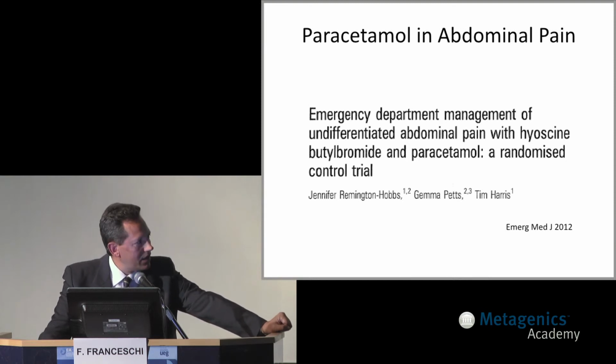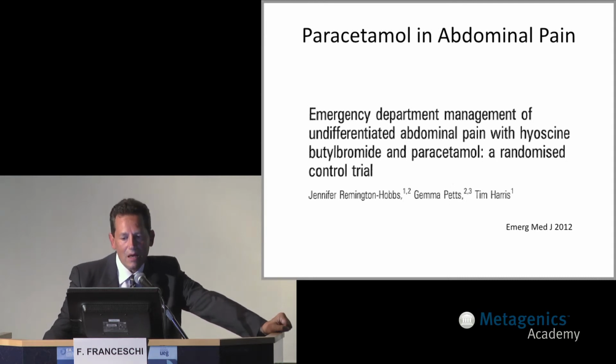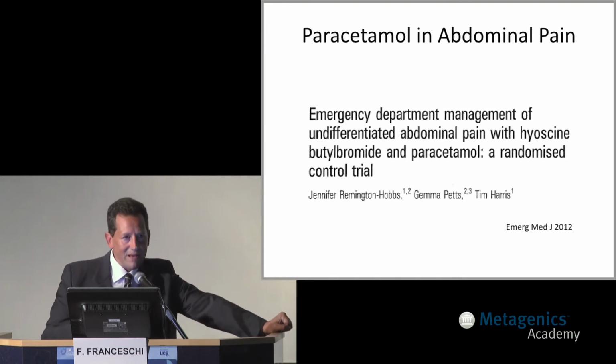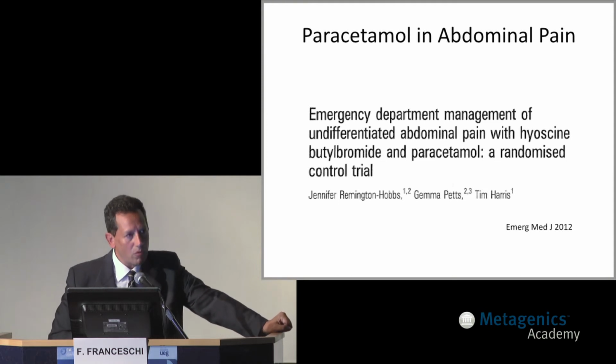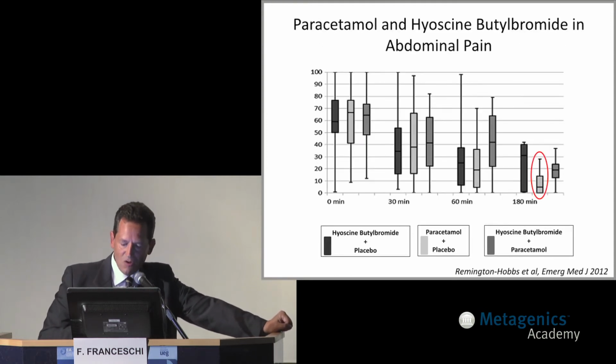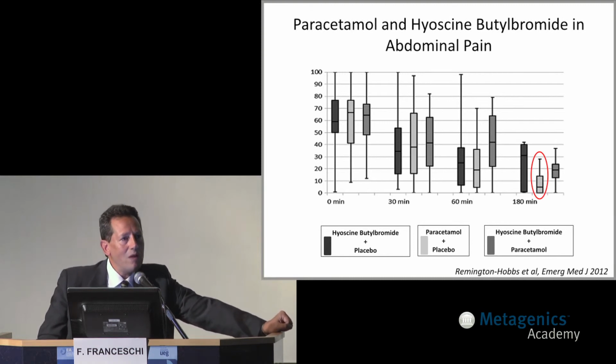This is a study done in the emergency department in patients with undifferentiated abdominal pain. This is a randomized study using paracetamol or hyoscine butyl bromide, which is a spasmolytic. As you can see here, the results of this study are very interesting, because while we can imagine that the association of paracetamol plus the spasmolytic hyoscine butyl bromide may be better than paracetamol alone, this is not true.